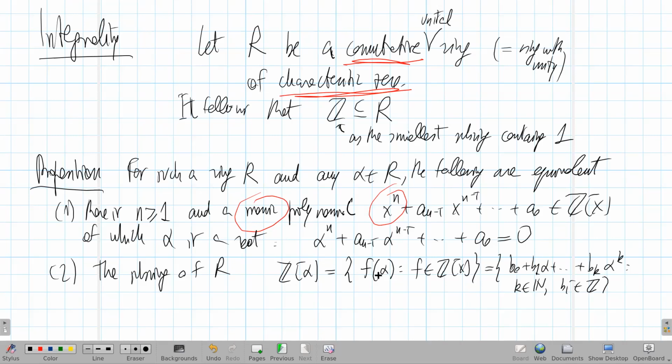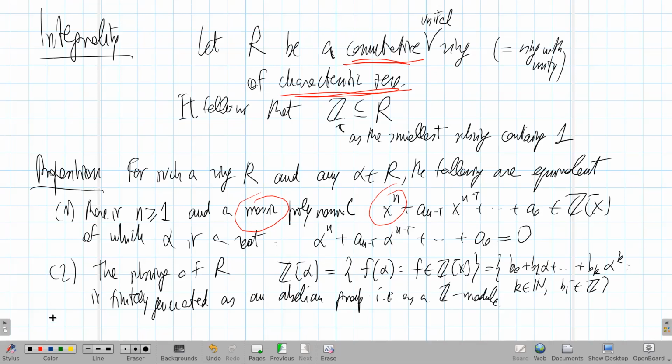Oh yes, what do I have to say about this? This subring is finitely generated as an abelian group, which is the same as a Z module. What does it mean?